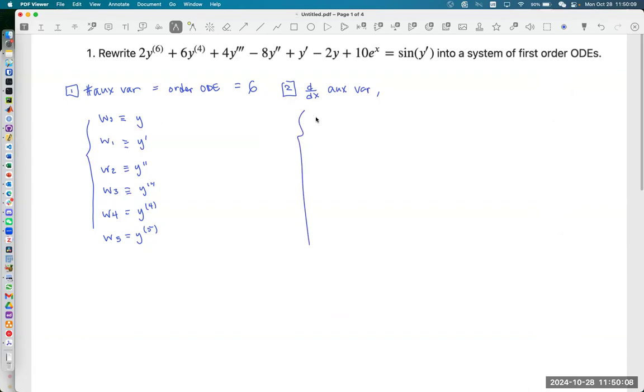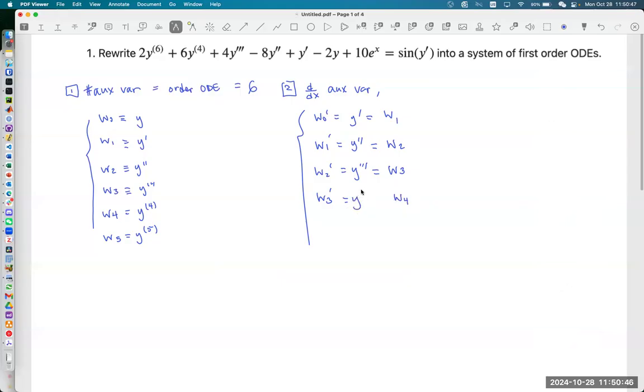So W0 prime is y's derivative, and y prime we define as W1. W1 derivative is y prime's prime, so we define it as W2. W2 prime is y double prime's derivative, so y triple prime, we define it as W3. W3 prime, I think you have seen the trend. 0 prime is 1, 1 prime is 2, 2 prime is 3, 3 prime should equal 4.